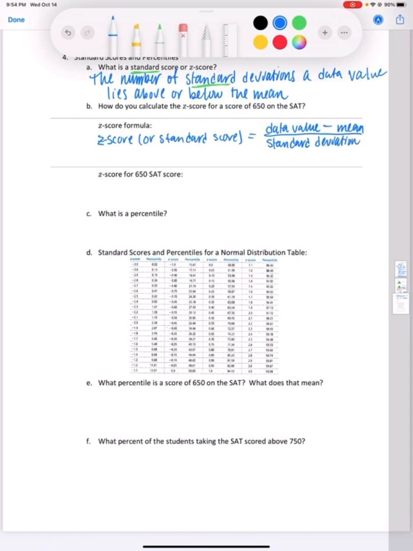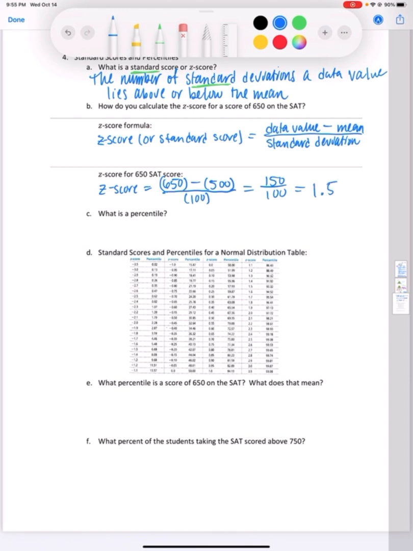That's the z-score, and so we're going to do the z-score for a 650 SAT. The z-score is equal to the data value, which is 650, subtract off the mean, which was set at 500, divided by the standard deviation, which was set at 100. So that's going to be 150 over 100, which is equal to 1.5.